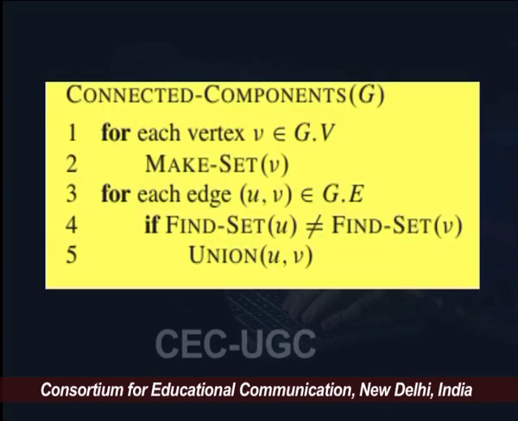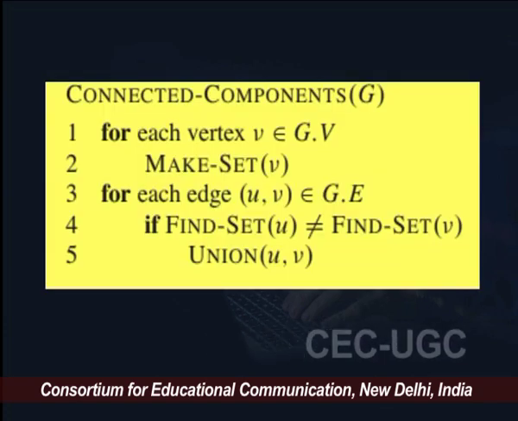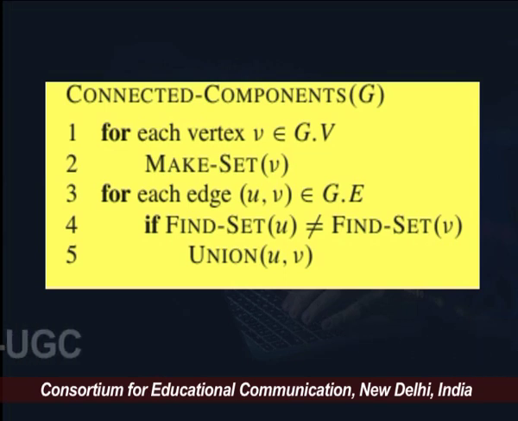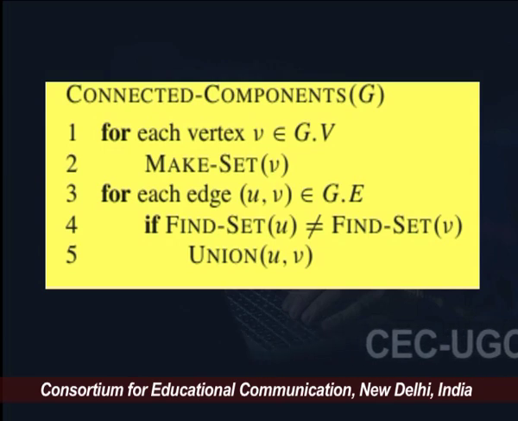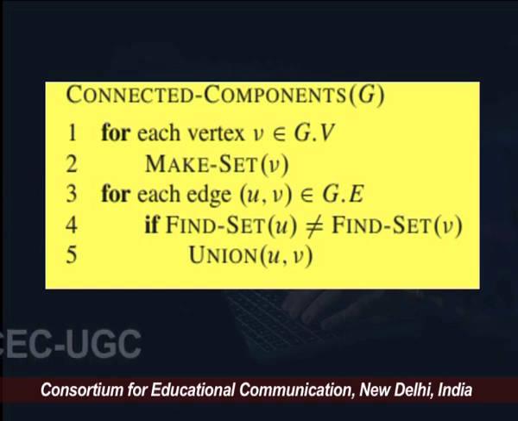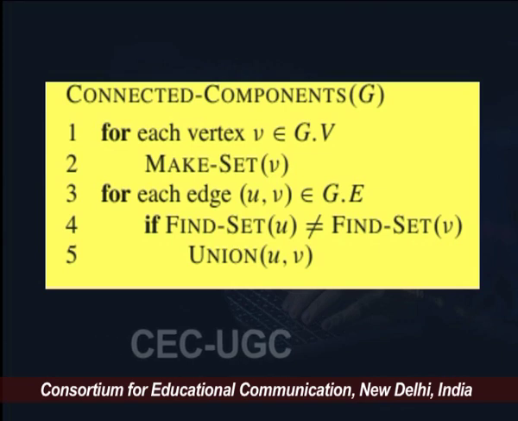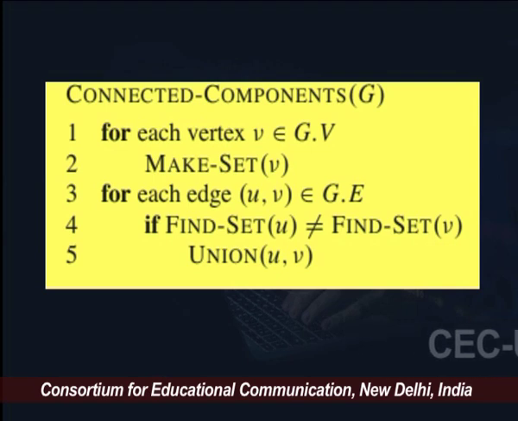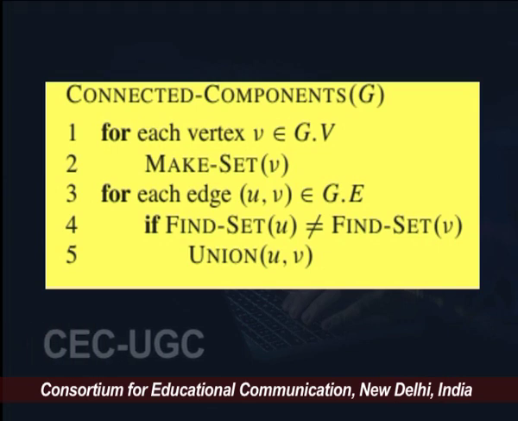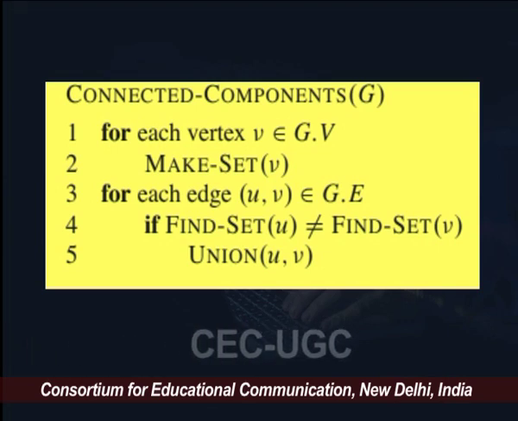Now, moving forward, as I have told you, we are going to use this union find data structure in order to determine the connected components, and I have also given you the disclaimer that these kinds of tasks can also be performed with the help of DFS. So, for connected components of a particular graph, the algorithm goes like this.